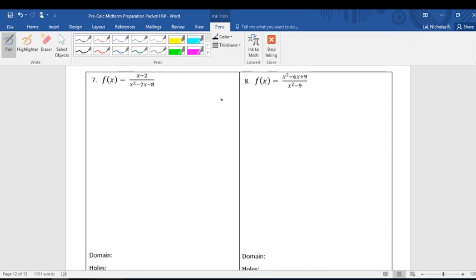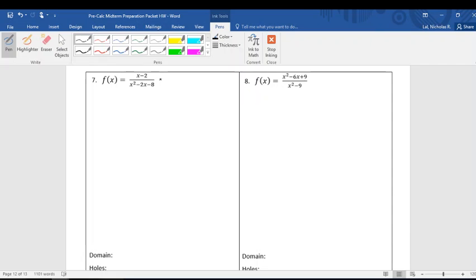All right, so with problem number 7, what we need to do is factor the denominator so we can understand what's going on. So for the denominator, we need values that multiply to negative 8 and add to negative 2.